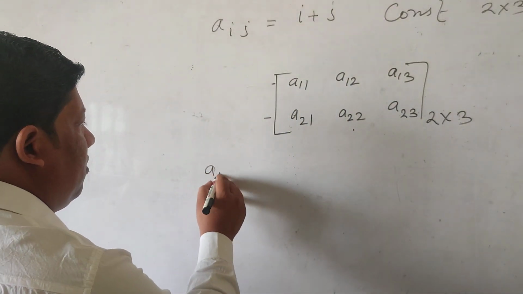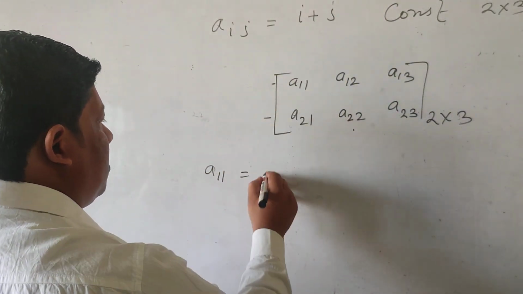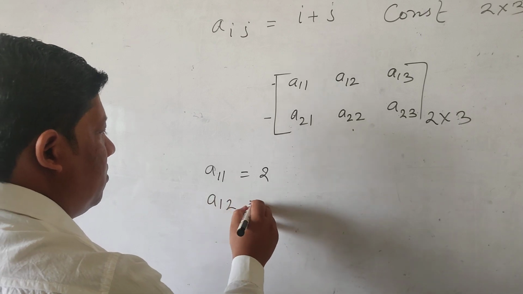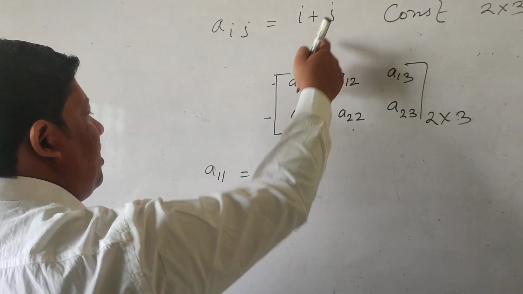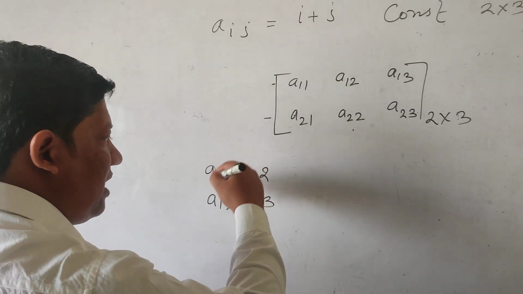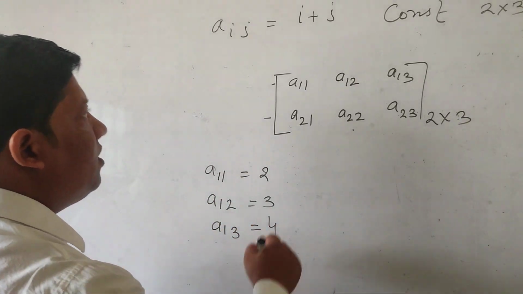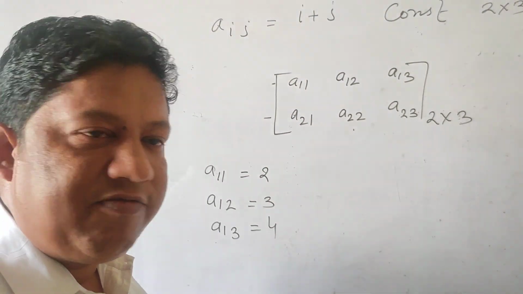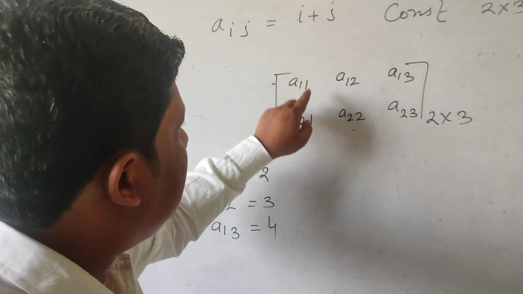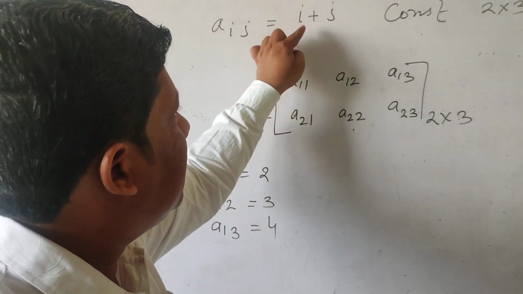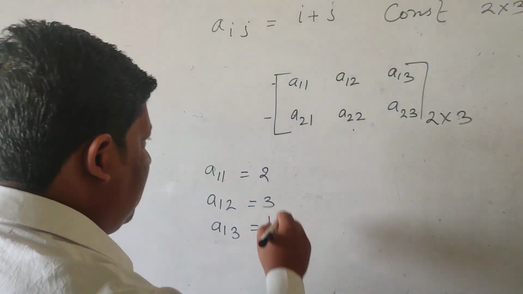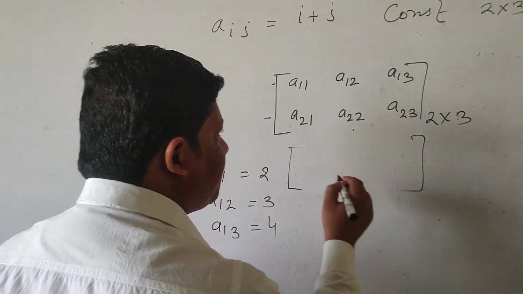Now a11 is 1 plus 1, which is 2. Then a12 is 1 plus 2, which when you add gives 3. And a13 gives 4. Using this identity, you substitute all the values in the equation and find them.